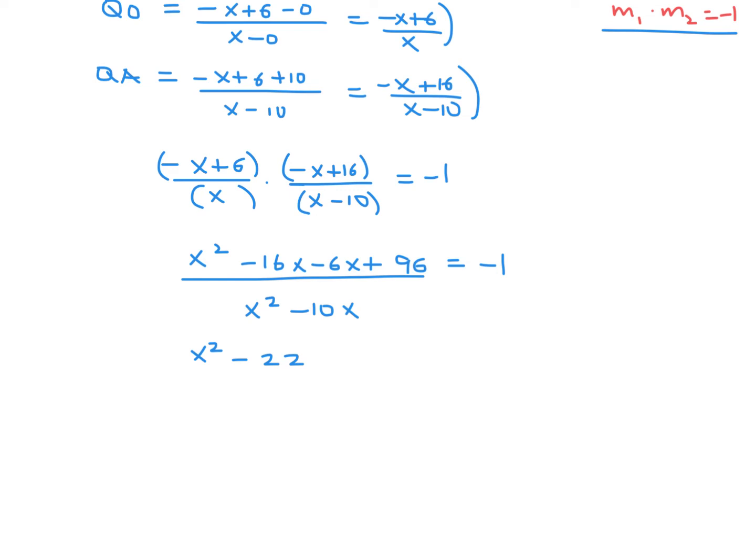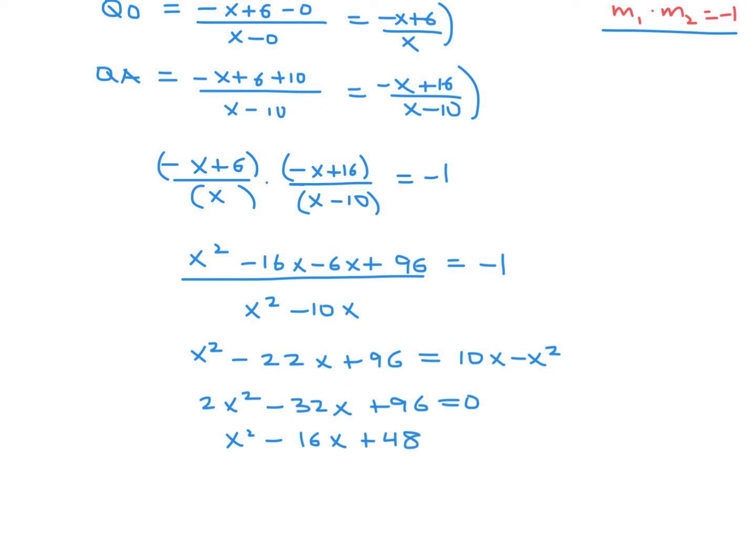Yeah, 22x, and then plus 96. And on this side is just 10x minus x squared. Okay, so if you put everything on one side, it'll be 2x squared minus 32x plus 96 is equal to 0. And then divide through by 2, and you'll get x squared minus 16x plus 48 is equal to 0.